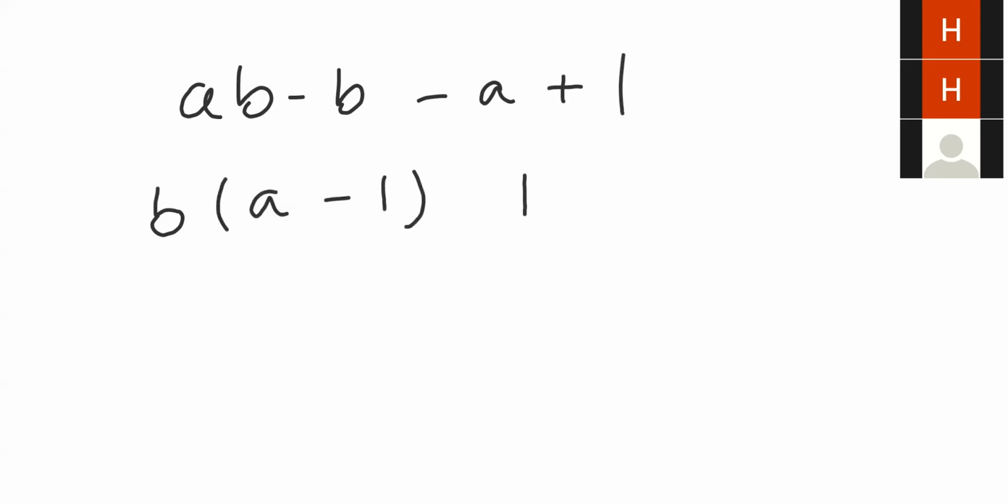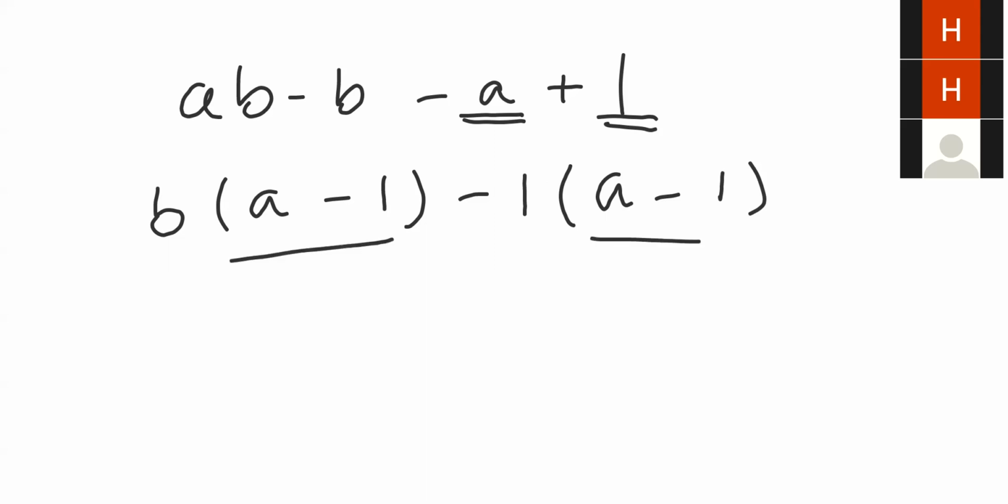Minus. So you're going to take minus common, so your a becomes positive and your 1 becomes negative, because the sign outside the bracket always changes the sign inside the bracket. So now we have the same bracket, so we can group factorize them into b minus 1 and a minus 1.